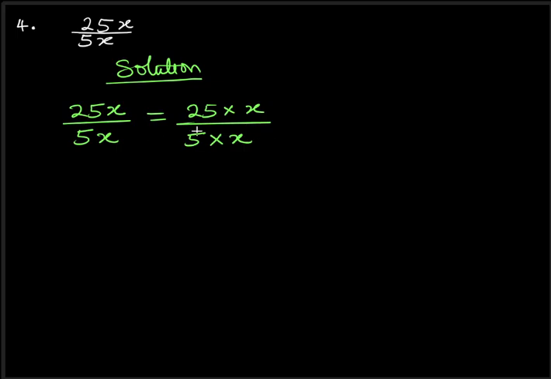Now what would this give us? 5 here, 1. 5 into 25, 5. And then x can cancel x, x into x 1, x into x 1. So what are we left with? We are left with 5 times 1 up there, 5 all over 1 times 1, that is equal to 1. And the final answer is equal to 5.